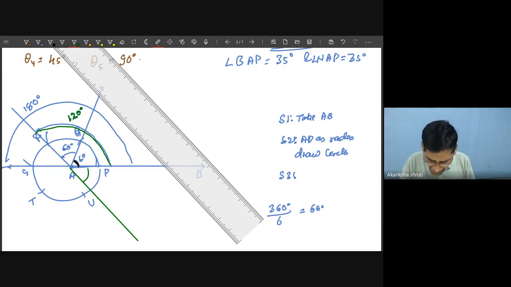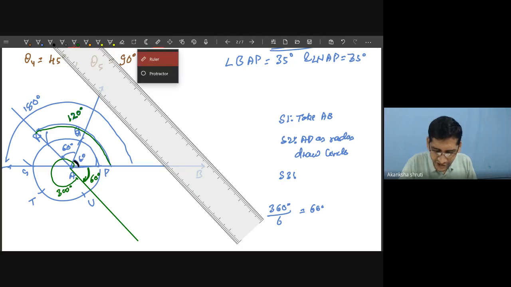Then in this direction, even from this line moving downward, it is also a 60 degree. But if you want to measure from this one to this one, it will be 360 minus 60, your 300 degree. So this way different angles can be made.